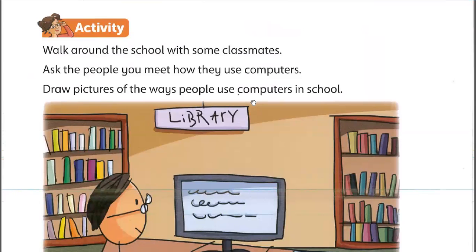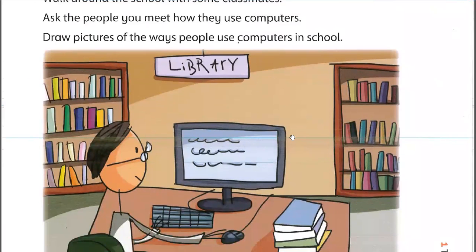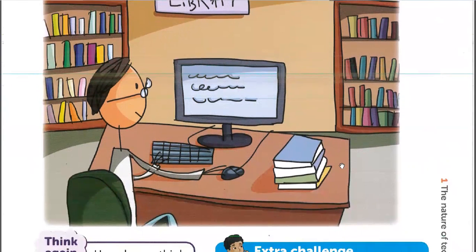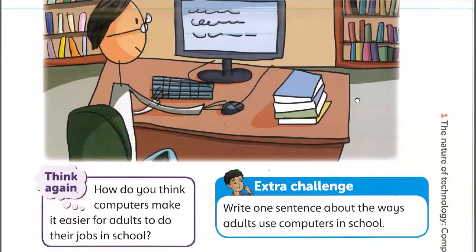Draw pictures of the ways people use computers in school. You can draw different pictures in Paint of how people use computers in school, the people in the school using the computer.